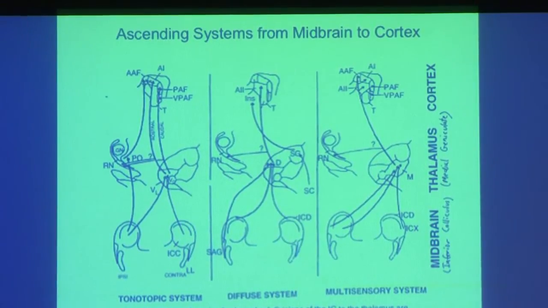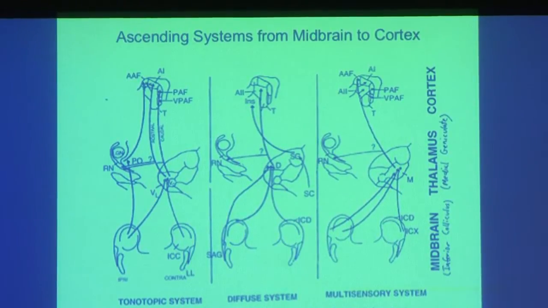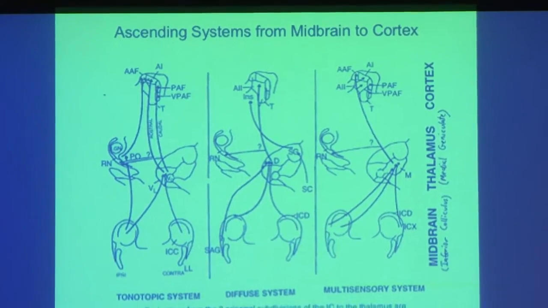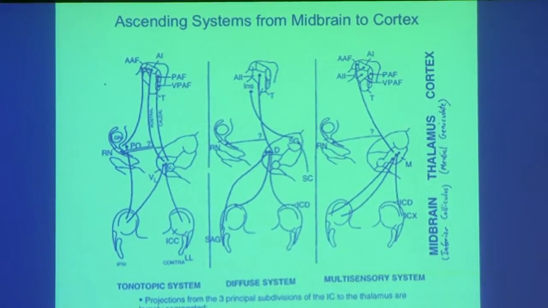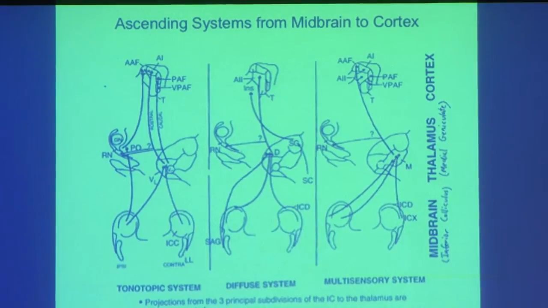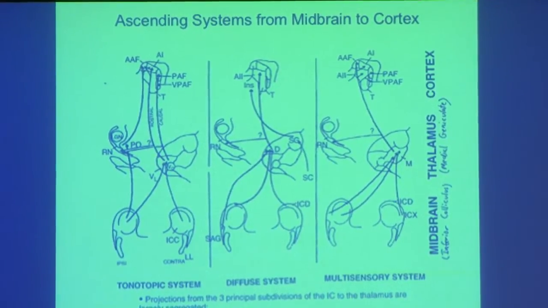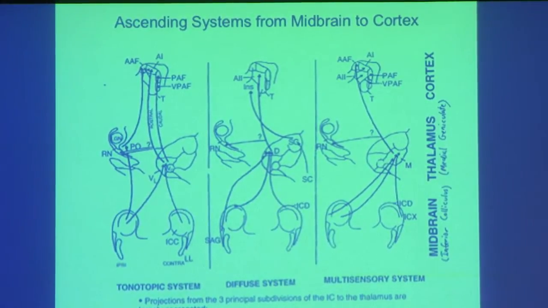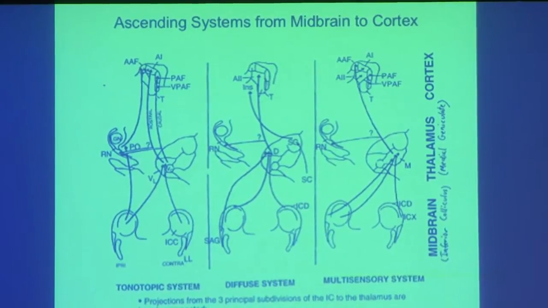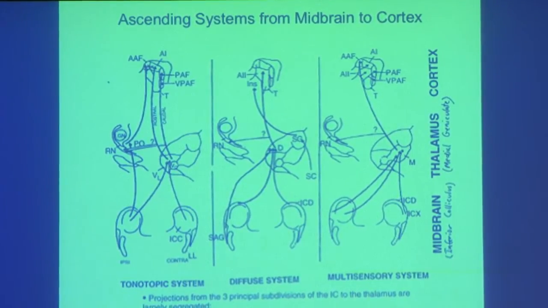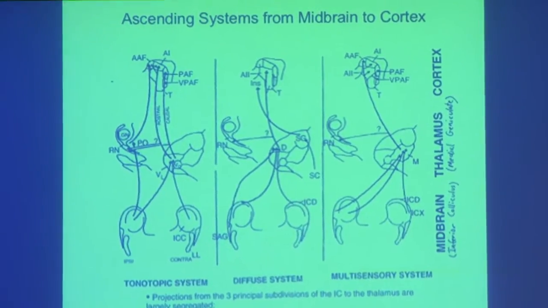And we talked about its projections up to the optic tectum, or the tectum in the barn owl, which is the analog of the superior colliculus in the mammal. And there's this beautiful mapping of auditory space in the barn owl at that position in the brain.